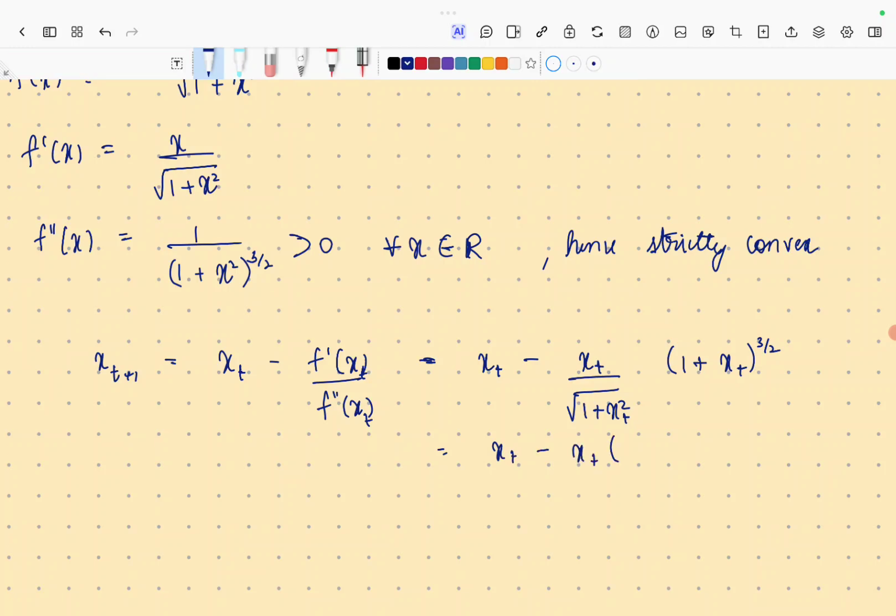So x t times (1 plus x t square) should be subtracted. So this is minus x t cube.